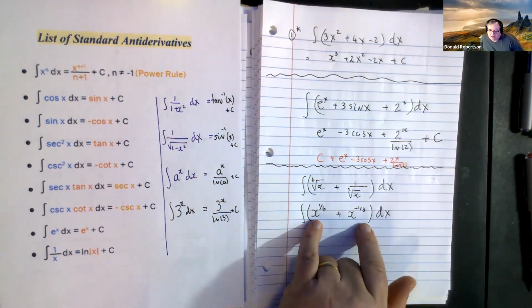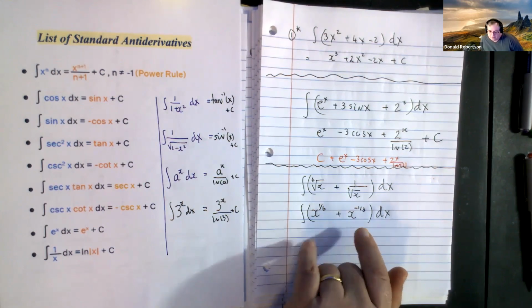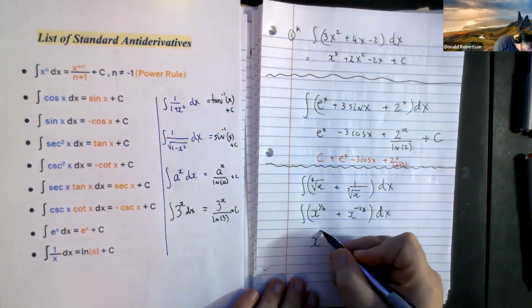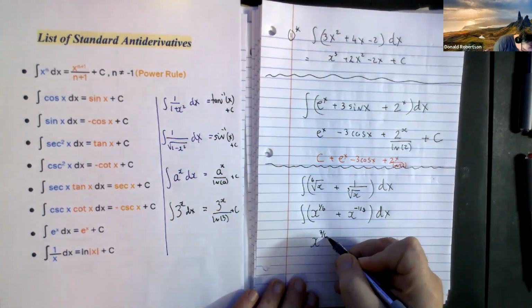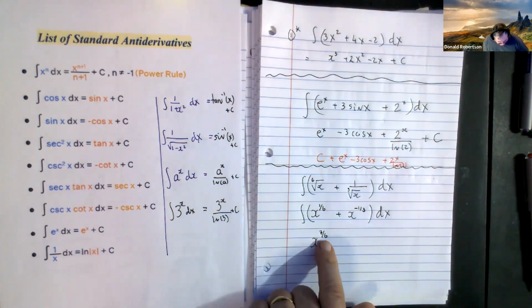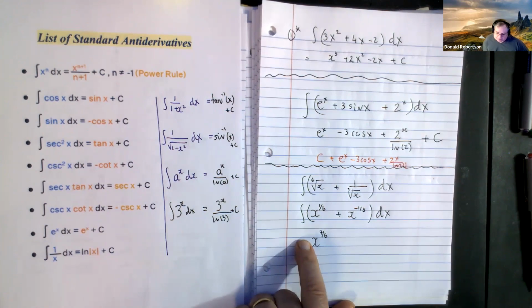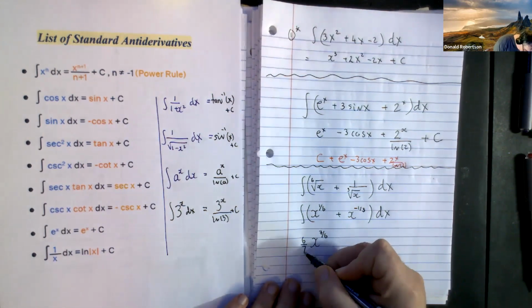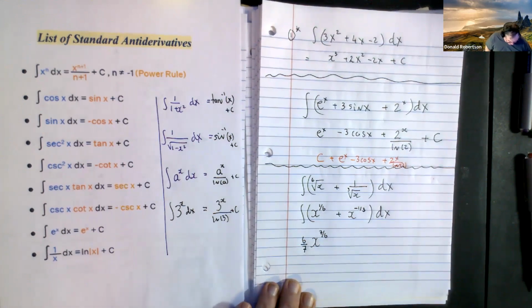Now, these two guys are fractional powers of x, but we can use the power rule on anything that looks like these guys. So I'm going to add 1 to the power. Now, once you add 1 to the power, that's 7/6. You then divide by that new power. Well, dividing by 7/6 is the same thing as multiplying by 6/7. So that's where that came from.